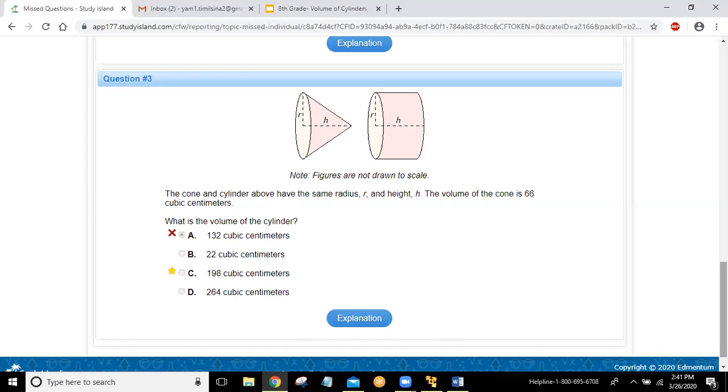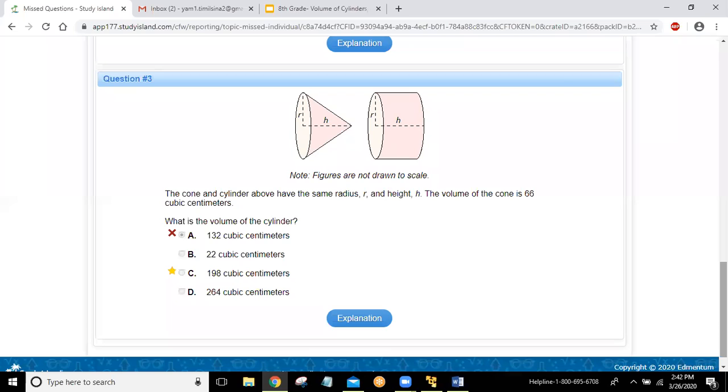Oh, okay. So if this was not a cone, say it was a sphere, could you do 4/3, and then cube it?